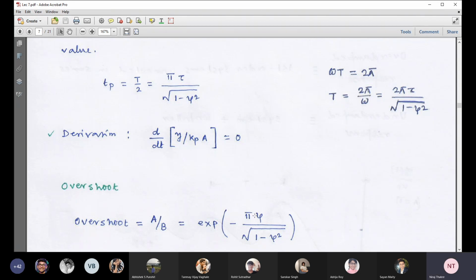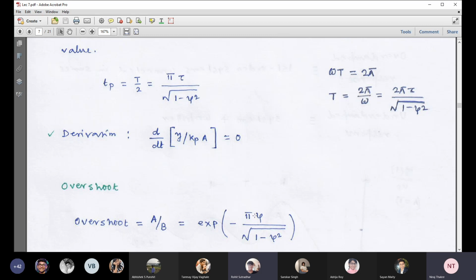If you revisit the plot, y divided by Kp versus T for the underdamped system, now let me know how we can determine capital A. Anyone can give the answer?